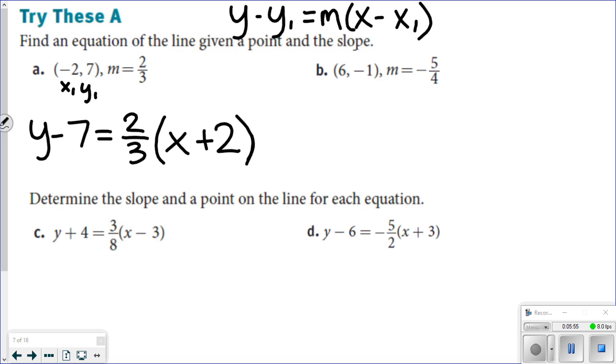My y1 was a +7, so in my formula it says minus 7. My x1 was a -2, but in my equation, it turns into a +2. But always, every single time, your slope, which in this case is 2/3, is going to stay the same. Go ahead and pause the video, and I want you to try question B.